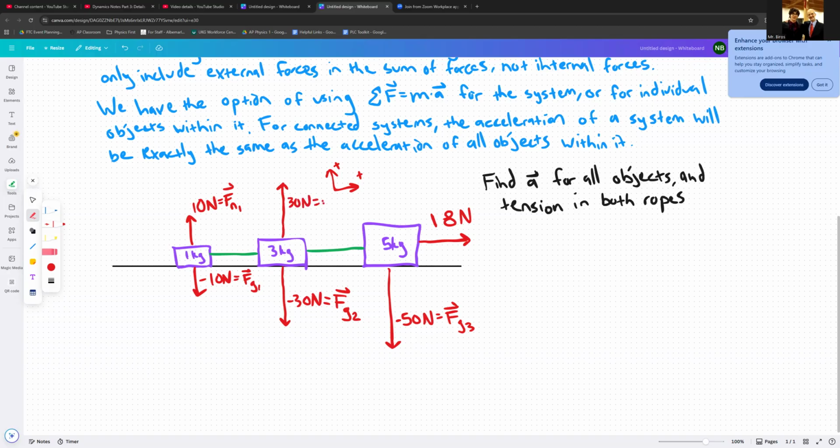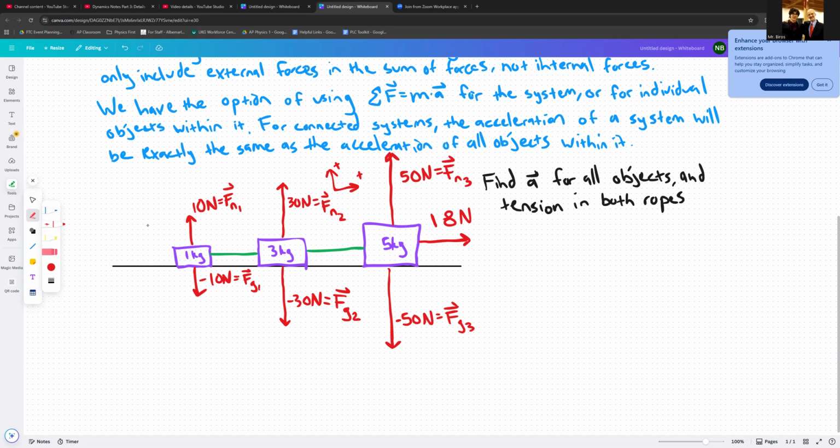We could call that FN2. It's not going to end up being super important that we actually labeled these because we're going to talk about them in just a second, and we're not going to use them in our equations. But 50 newtons, normal force, FN3.